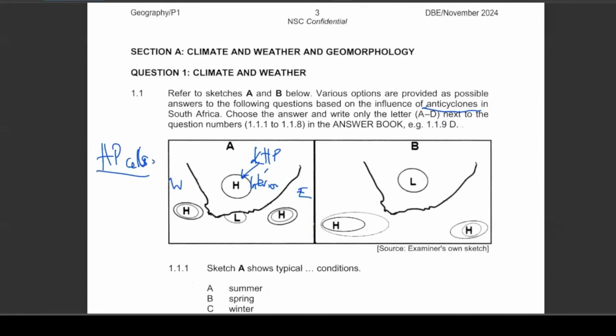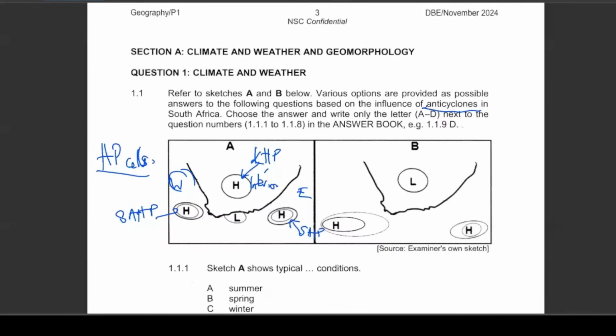To the west we have the Atlantic Ocean, so this typical anticyclone is the South Atlantic high pressure. On the extreme eastern side we have the Indian Ocean, and the typical anticyclone is the South Indian high pressure cell.